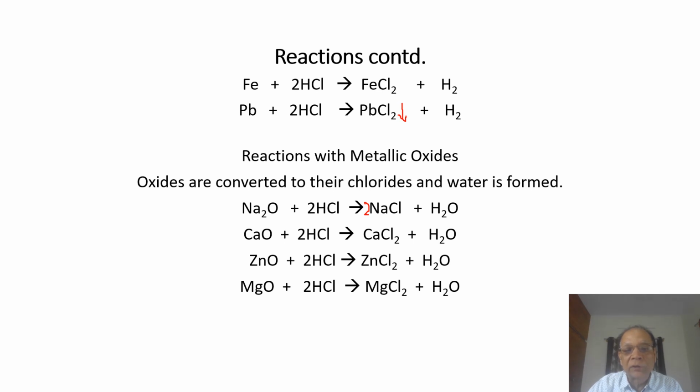Calcium oxide reacts with hydrochloric acid to give calcium chloride CaCl2 and H2O. This is already balanced. Similarly, zinc oxide reacts with hydrochloric acid giving zinc chloride and water. This is also balanced. And magnesium oxide reacts with hydrochloric acid giving magnesium chloride and water.